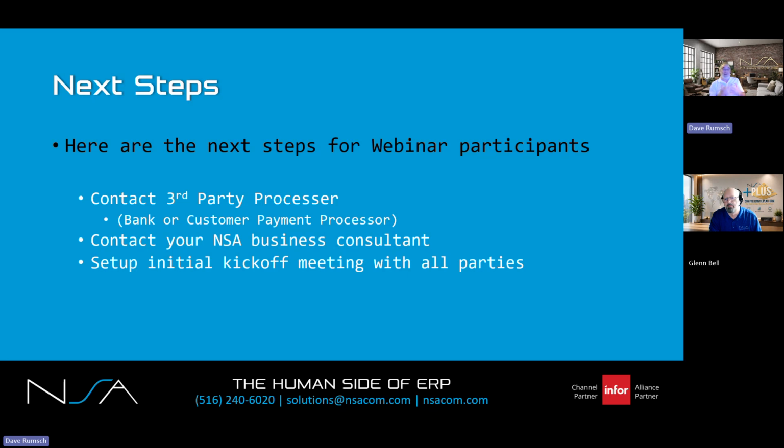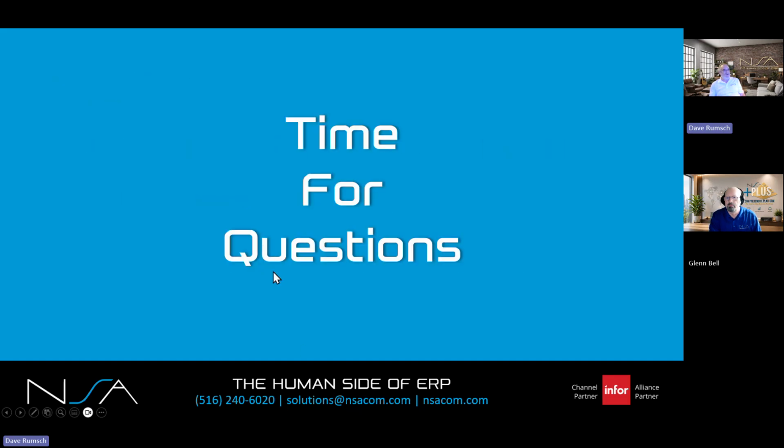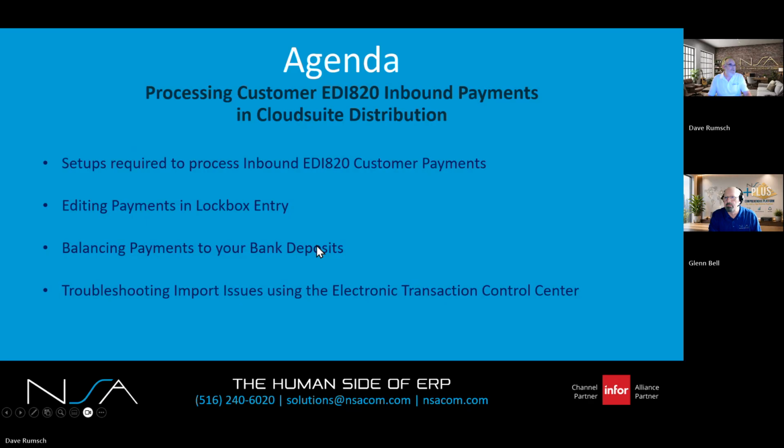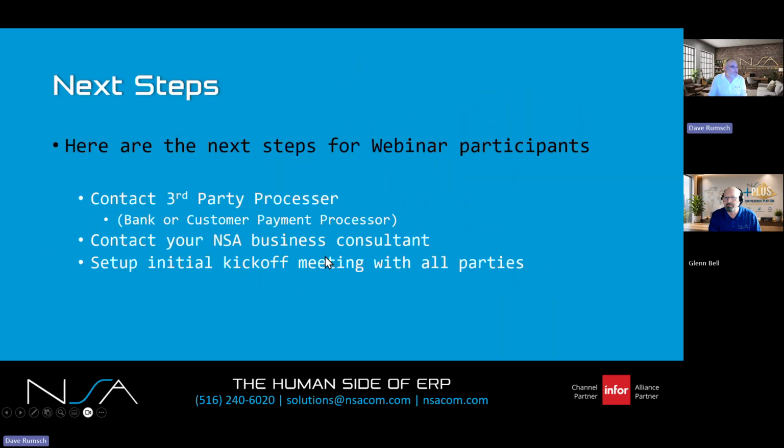Once you've established they can do it for you and you're comfortable with the pricing, you would contact your NSA business consultant, and then we would get together and set up the initial kickoff meeting with all the parties and move forward from there. So those are your next steps.